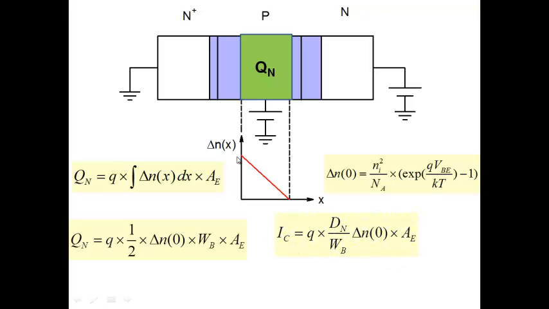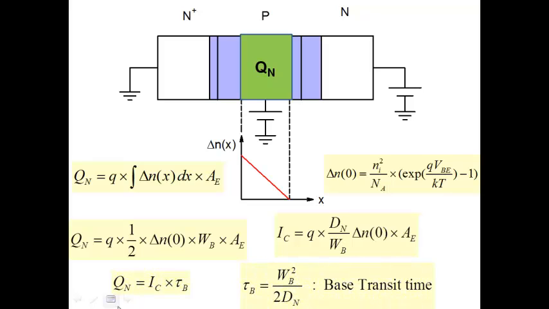IC, the collector current, is nothing but the slope, q DN by WB times delta N0 times the emitter area. It's a diffusion current. You can clearly see that collector current and the charge are related. This depends on delta N0, this also depends on delta N0, and the rest are all constants.